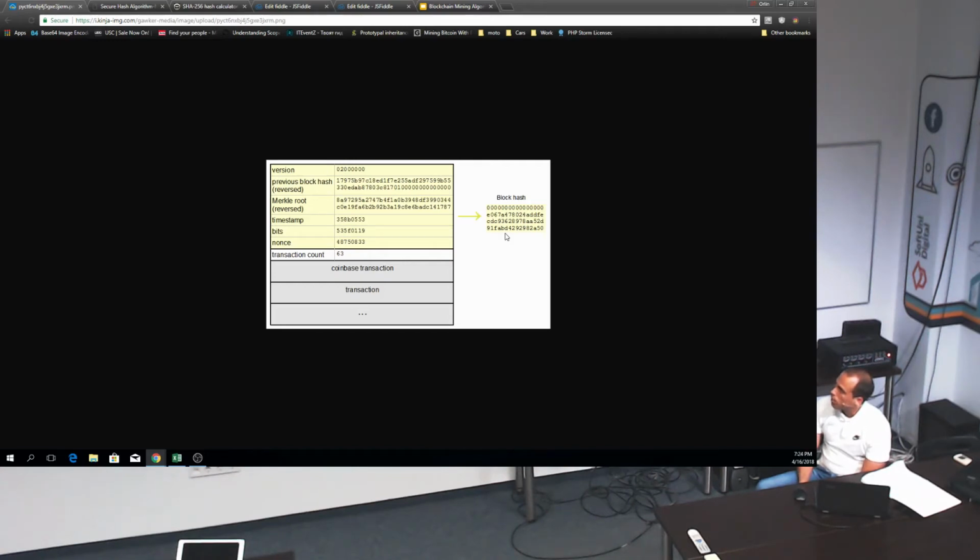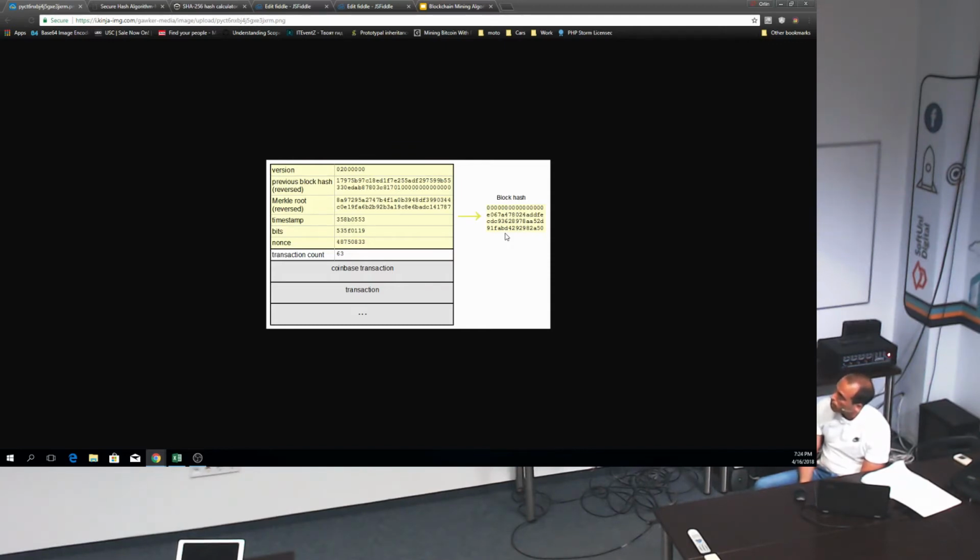So everything with 18 leading zeros as a number that is below the difficulty of the network is considered a valid block and a valid answer for the puzzle. In a couple of minutes we are going to see how hard it actually is to find a number, a string that produces a hash with a fixed amount of leading zeros.